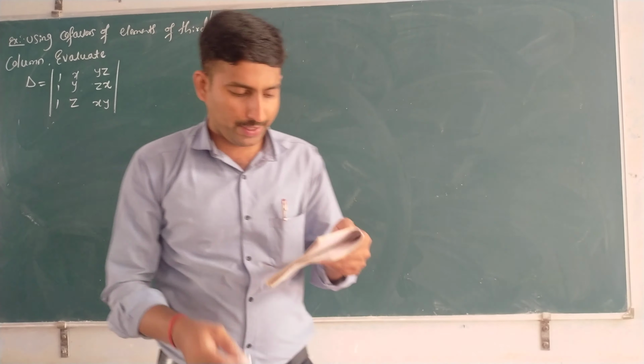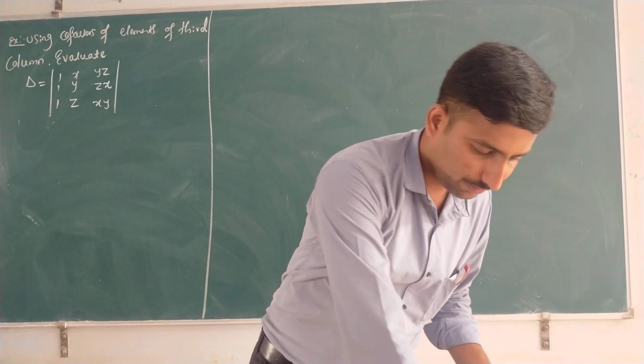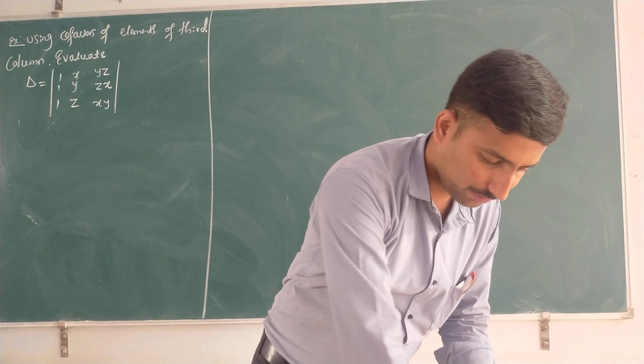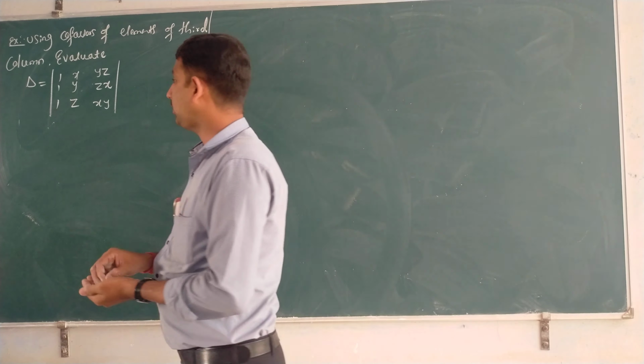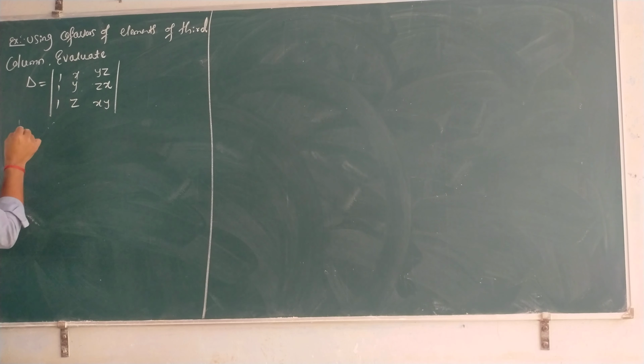Third column we have to evaluate. What is the third column? The third column is nothing but yz, zx, xy.